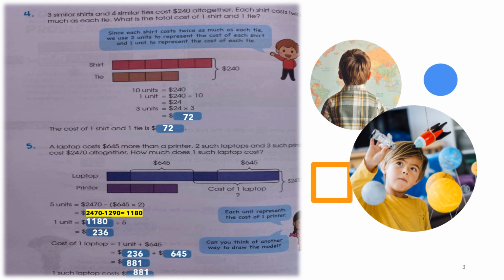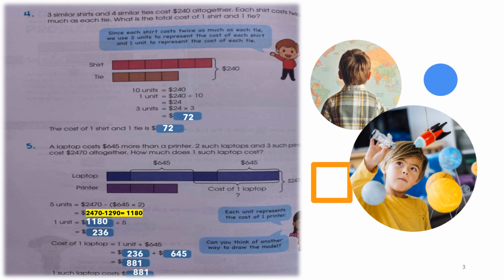If we eliminate or subtract this cost from 2470, we will get the cost of the printers. So the first step we take is to multiply 645 by 2 because there were 2 laptops, and subtract that amount from 2470. Now the answer comes as 1180.